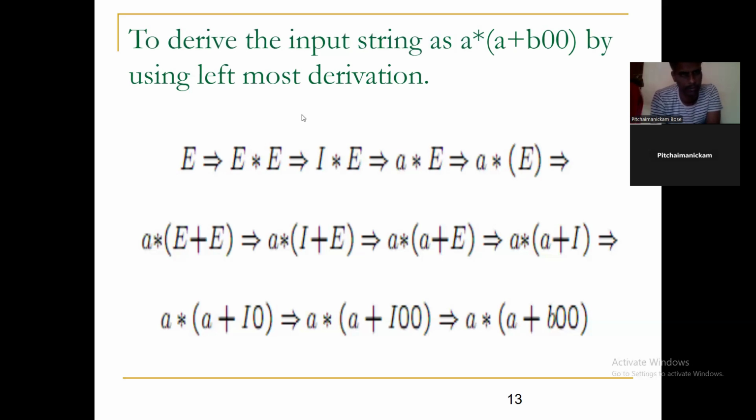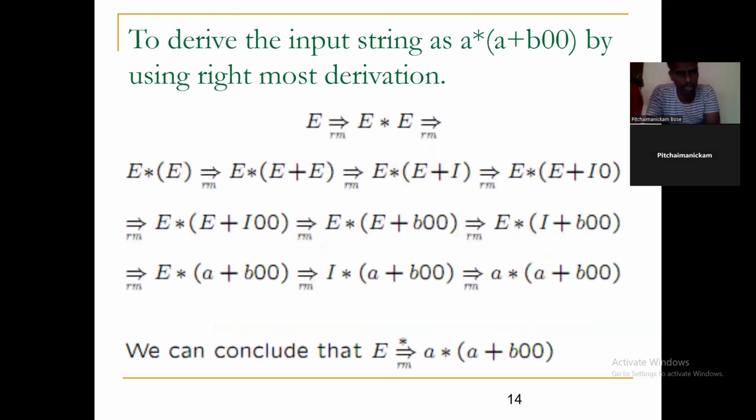Another thing is the rightmost derivation. To derive the input string w, a star of a plus b00, by using the rightmost derivation means to replace the rightmost variable by one of its production bodies.